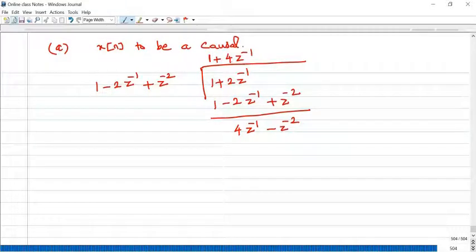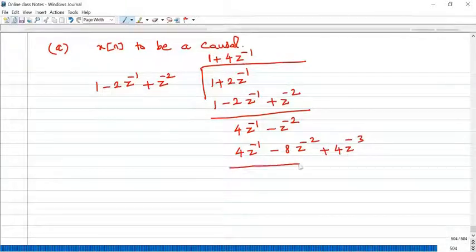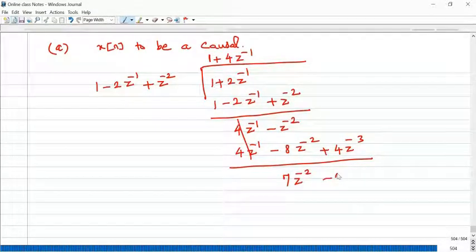If you multiply 4 z power minus 1 with this, you will get 4 z power minus 1 minus 8 z power minus 2 plus 4 z power minus 3. Now subtract these two, cancel again. So minus of minus 8, you will get 7 z power minus 2 minus 4 z power minus 3.